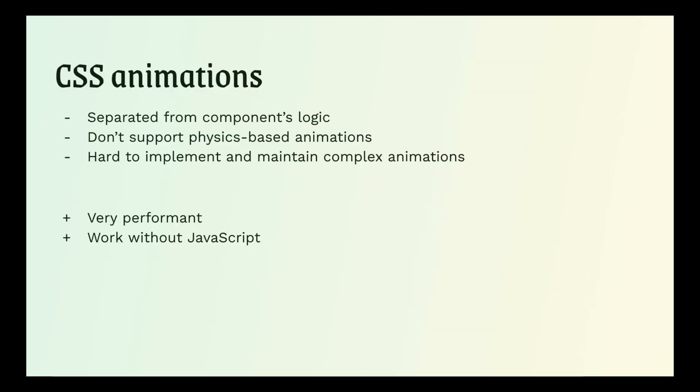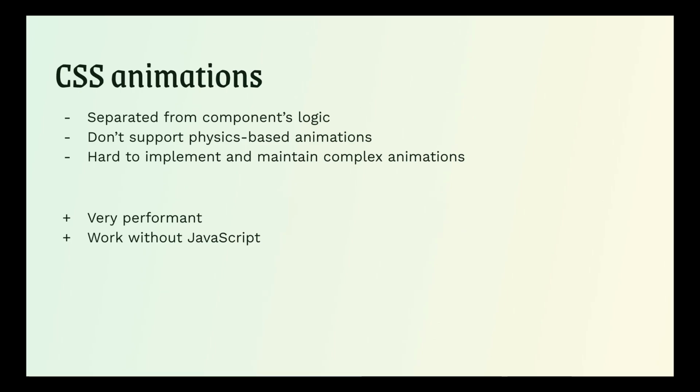First of all, because CSS animations live separately from component logic. In our case, component logic lives in the JavaScript files, along with markup in JSX, but styles and animations live separately in CSS files. And so it's not that easy to tightly integrate them, especially if you deal with some kinds of gestures or any more complex animations.